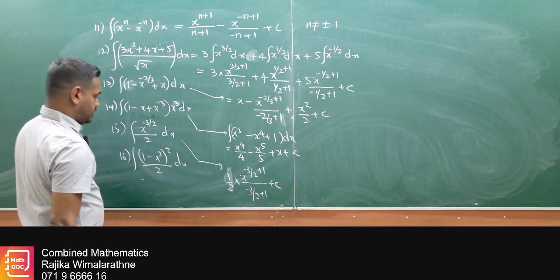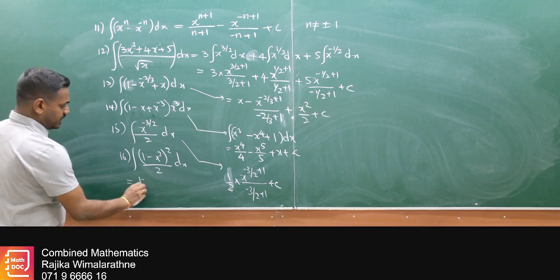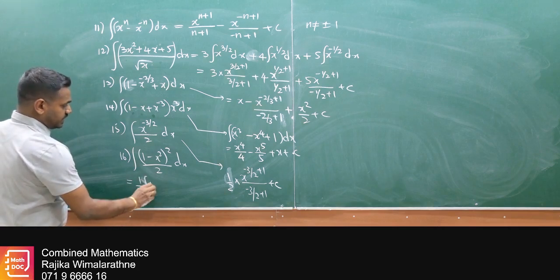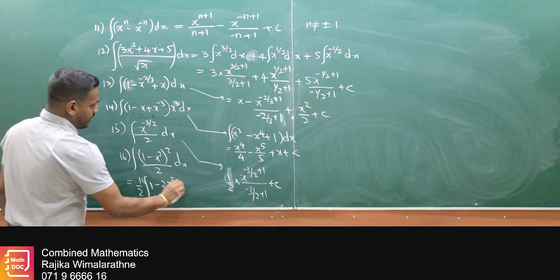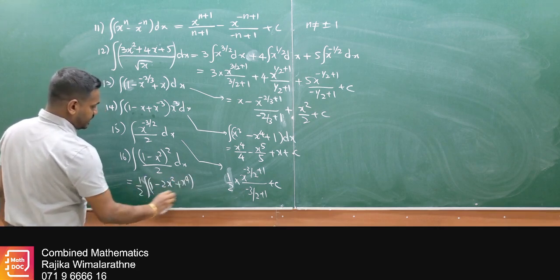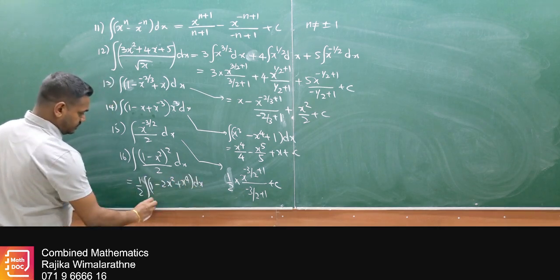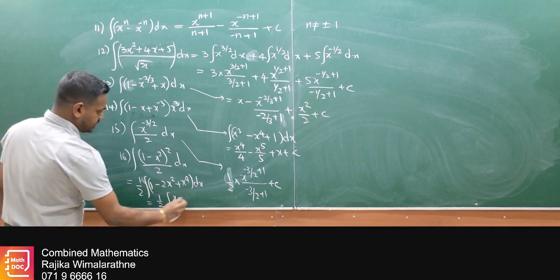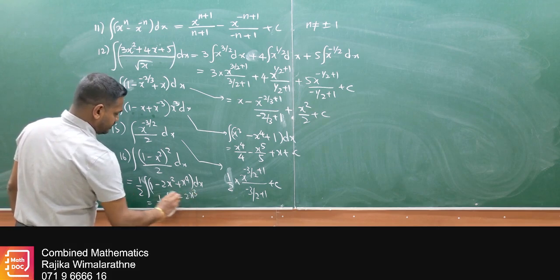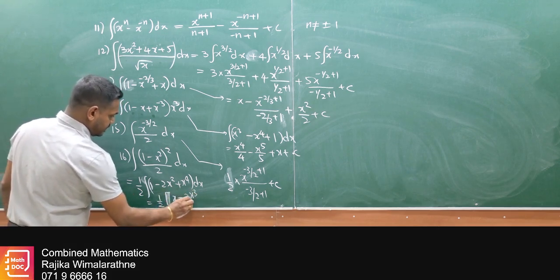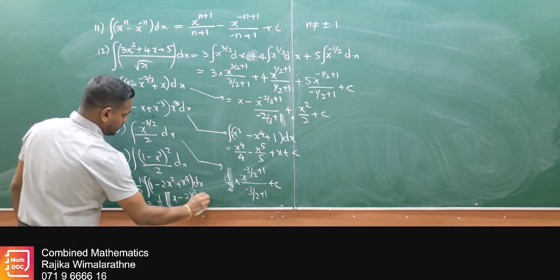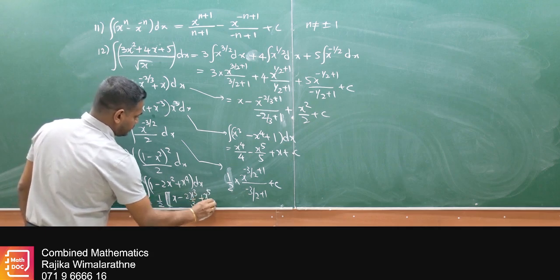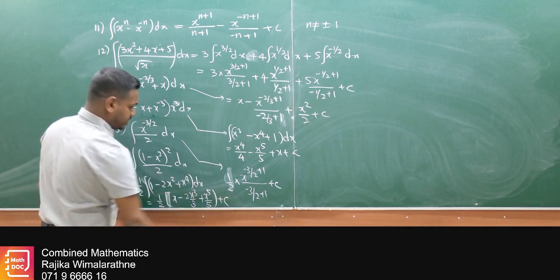Then expand this, take 1 over 2 outside, expand, then integrate. 1 over 2 x, 2x cubed over 3, x to the power 5 over 5 plus c.